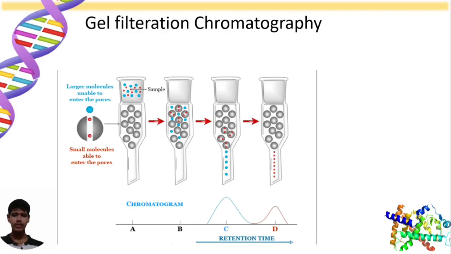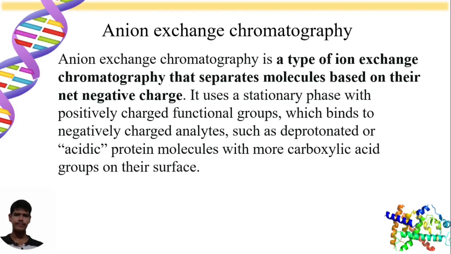The smaller molecules enter the pores and the retention time of the smaller molecule is very high, and the larger molecules, since they cannot enter the pores, elute early. The graph shows the blue line, which is the larger molecules, and a red line, which is the smaller molecules. Here we can see that the larger molecule is eluted earlier than the smaller molecules.